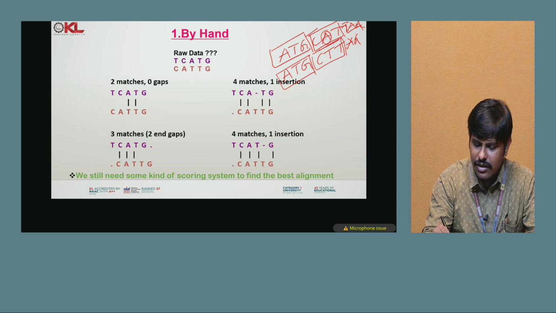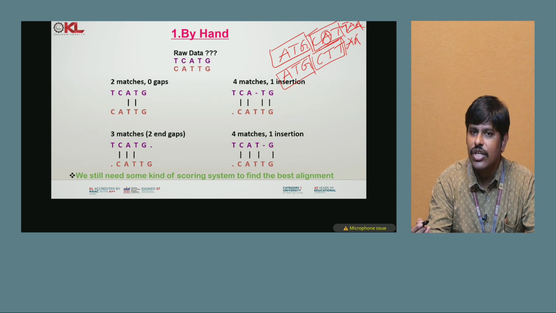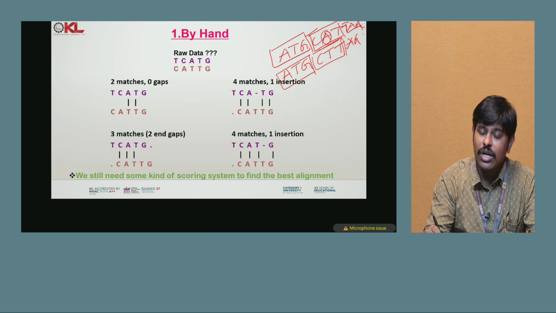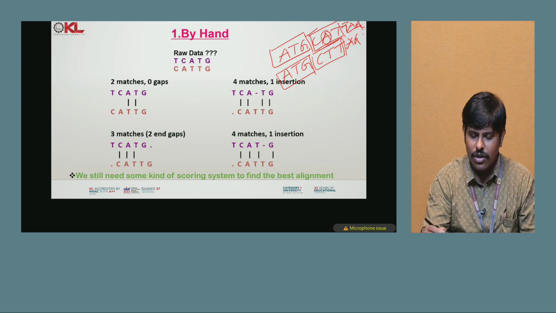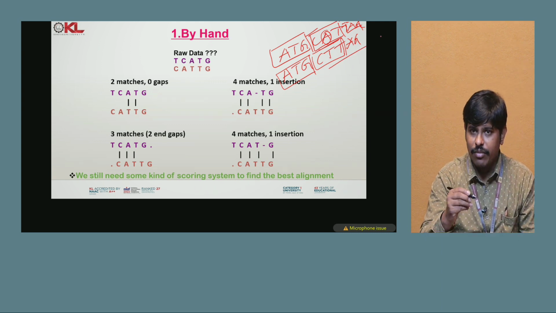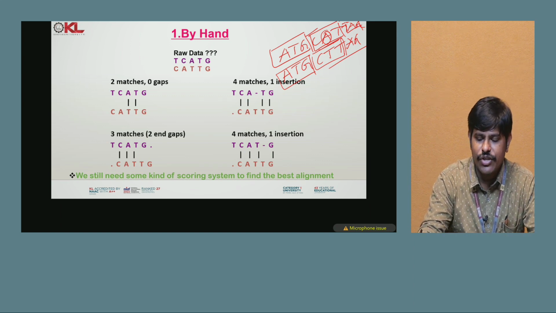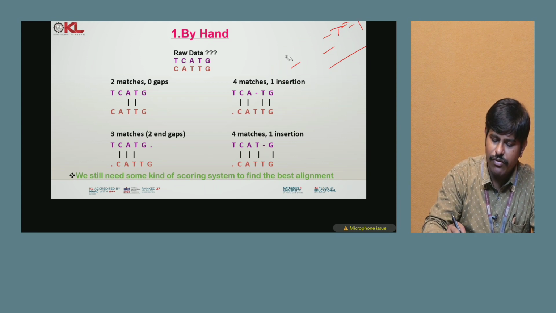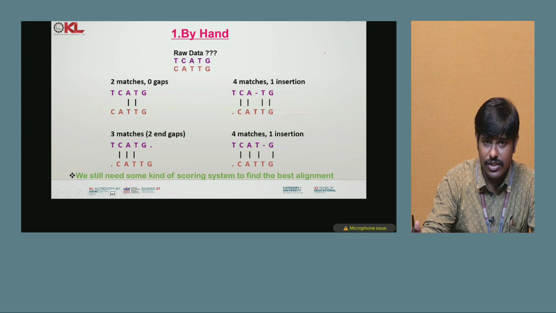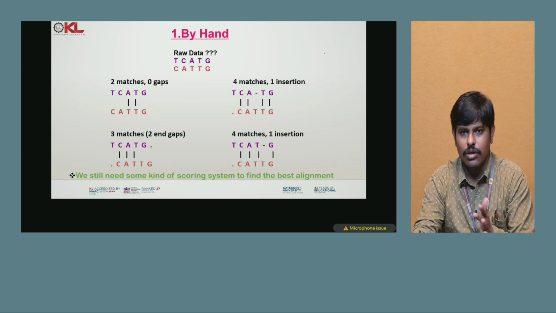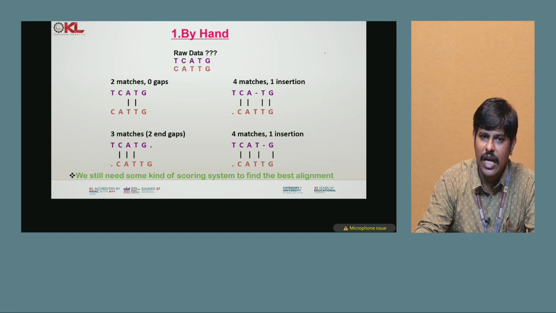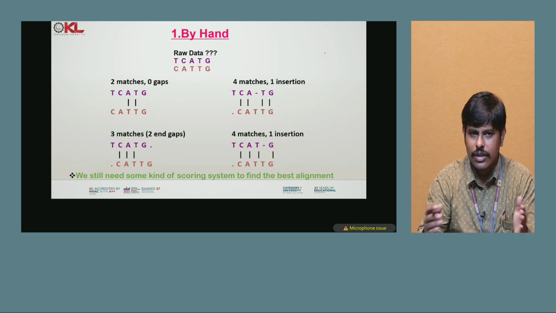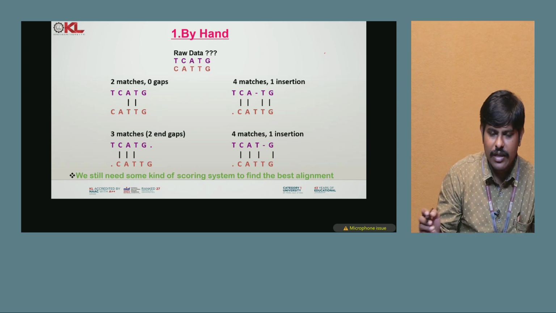That deletion leads to a frame shift in the codon positioning, and the complete frame is shifted. So we assume that a frame shift mutation occurred in the DNA sequence, because of which the matches are not happening properly. To circumvent the frame shift, we insert gaps here.